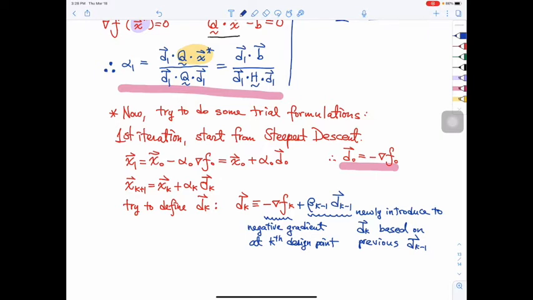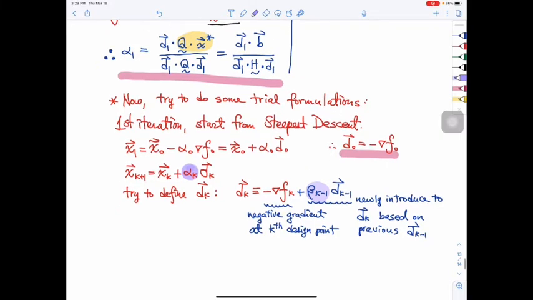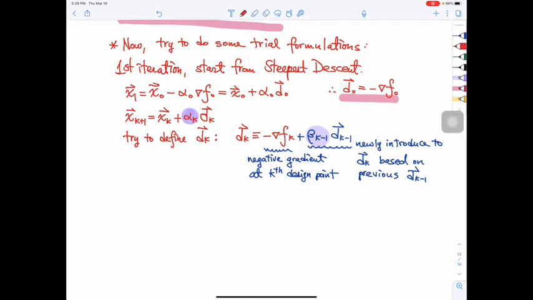If we do that, we don't know alpha k, we don't know beta k minus 1. But if we can figure out how to determine alpha k and beta k minus 1 so that it's following Q orthogonal, then it seems like a good plan. So how do we do that?